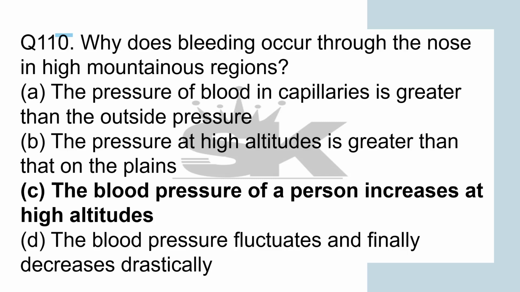We can simplify the answer: the atmospheric pressure decreases as you go higher, causing the internal pressure of blood vessels to exceed the outside pressure. That is the simplified answer.